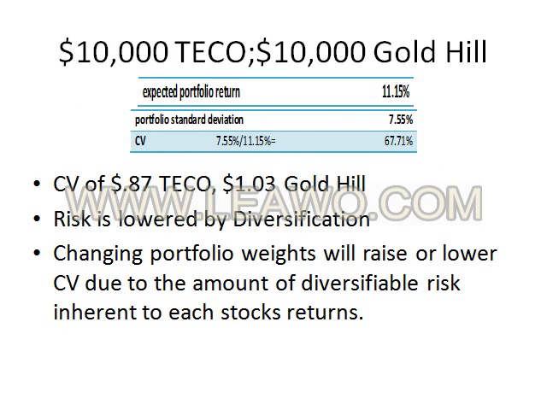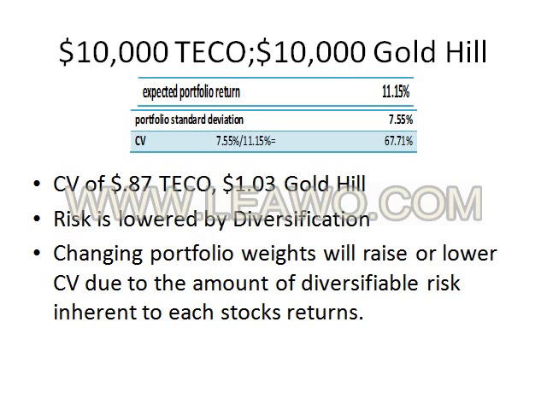If we had a portfolio consisting of $10,000 invested in TECO and $10,000 invested in Gold Hill, this is what the table shows. The expected portfolio return is 11.15%.